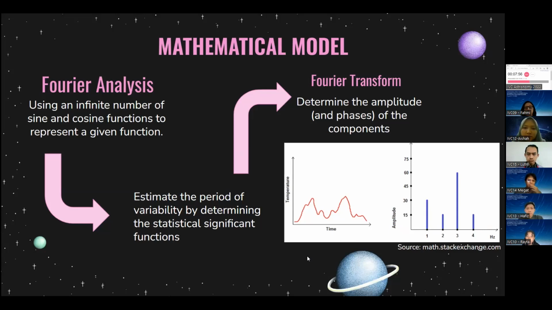Moreover, we're going to use the Fourier transform so that we can also determine the amplitude and phases of the components. For people who aren't very familiar with the Fourier transform, it's basically a mathematical transform that decomposes functions that depend on time or even space into functions that depend on frequency.